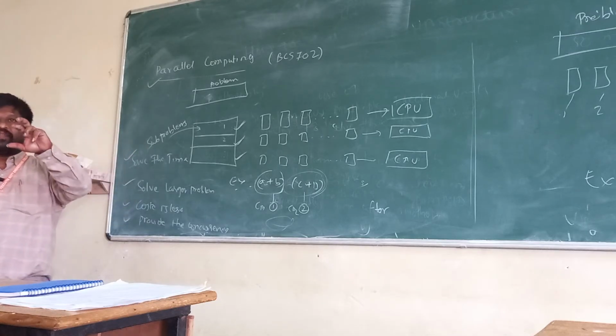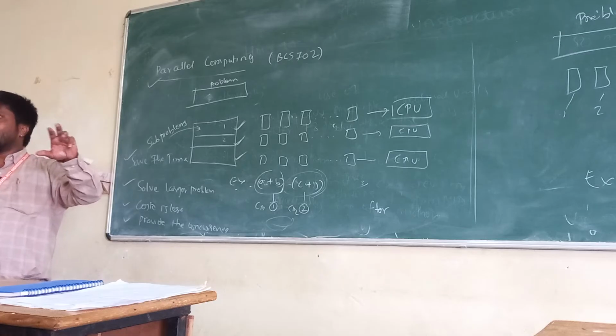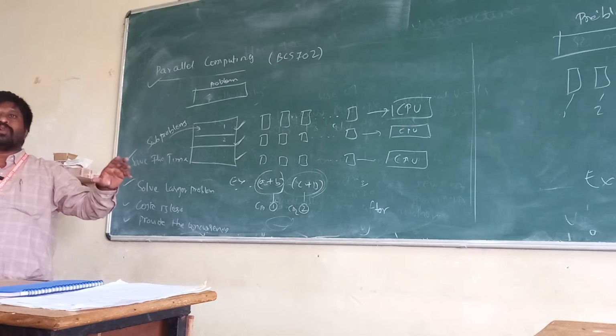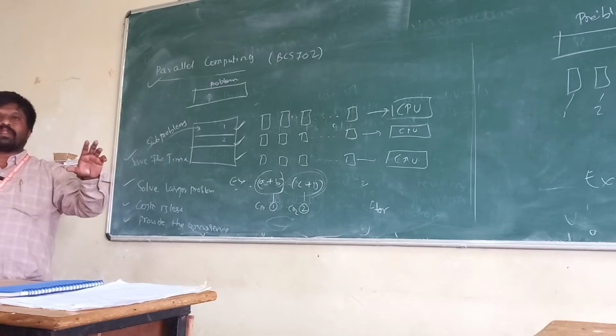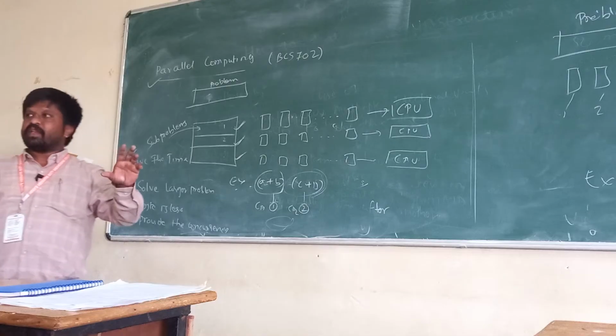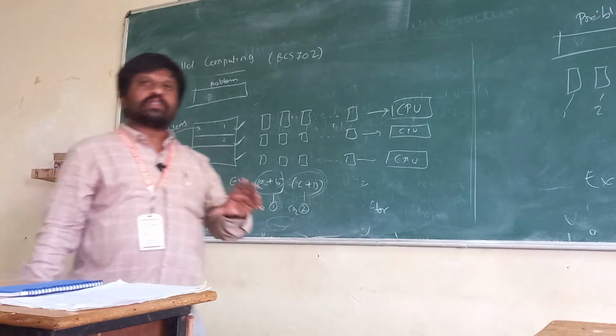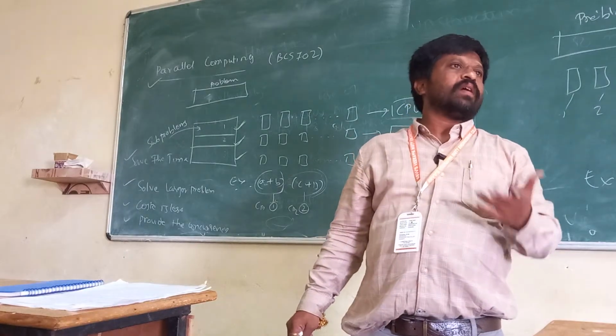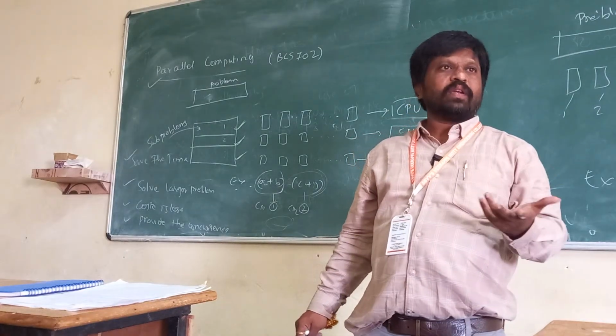In the 1950s they started giving solutions for how to solve problems in parallel. Parallel means they need some solution for faster execution. This is not a new subject, it's already been worked on.